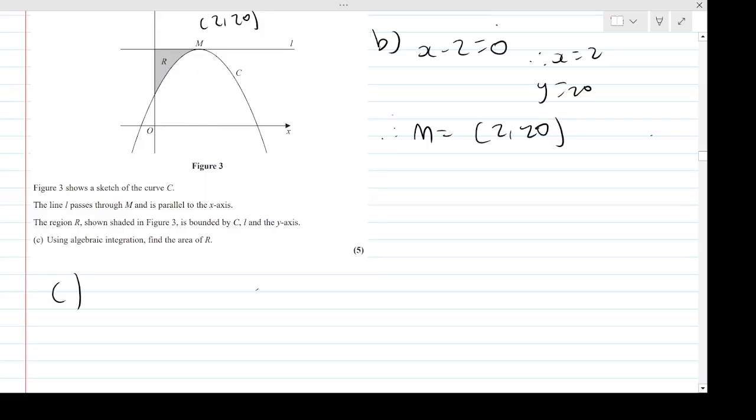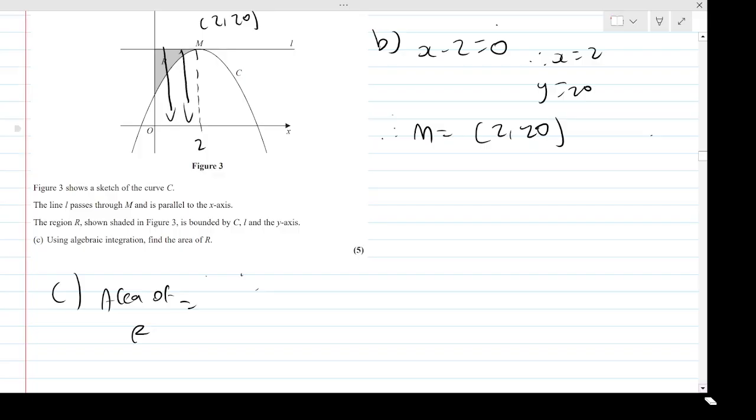Well, again, it's a similar sort of idea as we've just seen. Actually, the region is between the line and the curve. So actually, we know M here. We know x is 2. Right, so actually the area of R, if I think about it, it's going to be the whole area under the line L, right?